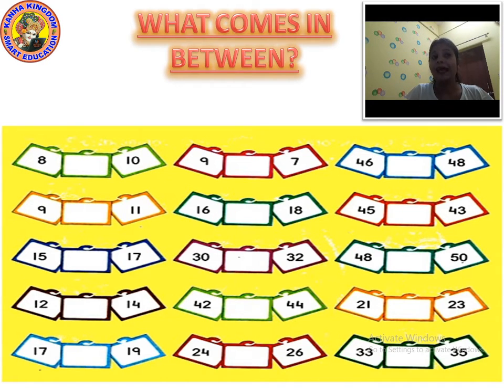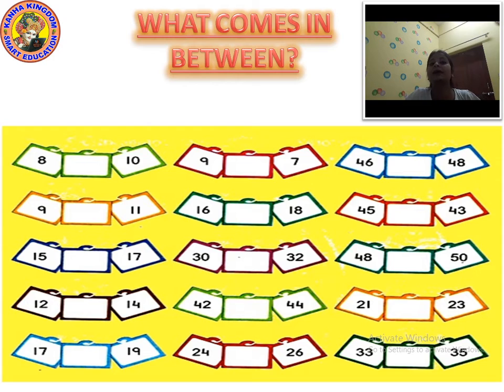After 9, 10 comes, and before 11, 10 comes. So we have to write 10 because in between 9 and 11, 10 comes. So we have to write here 10.